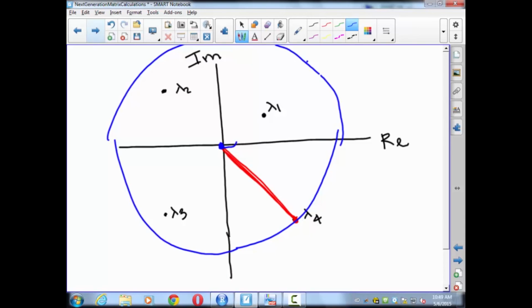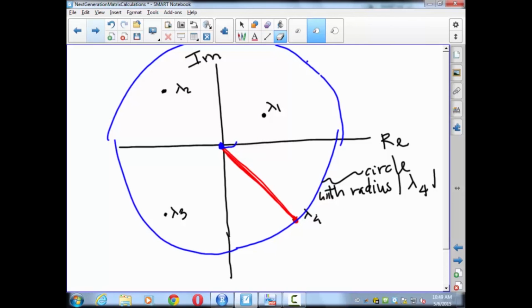So this is a representation of a circle with radius modulus of lambda 4, and center at 0.